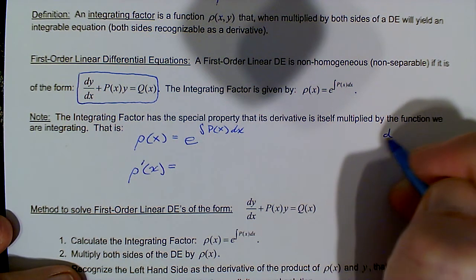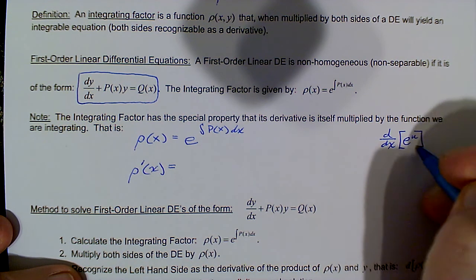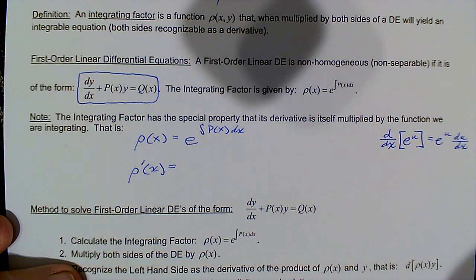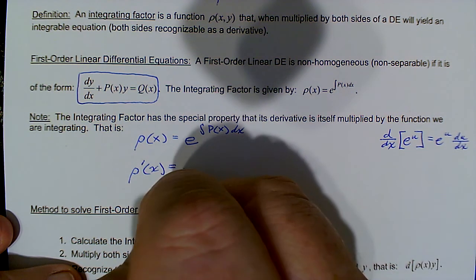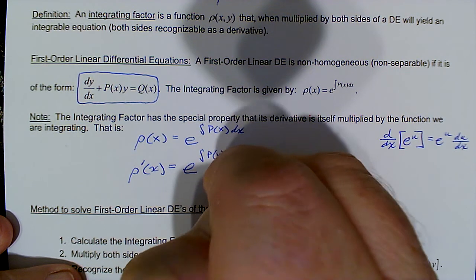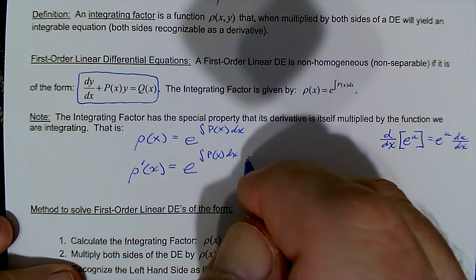Recall, of course, that the derivative of e to the u is just e to the u times the derivative of the power on the base of e, du/dx. So this would be e to the integral of p of x with respect to x, but then times the derivative of that power.